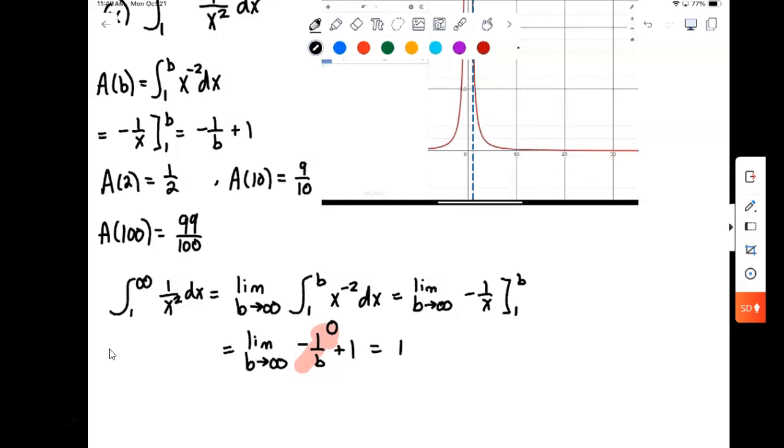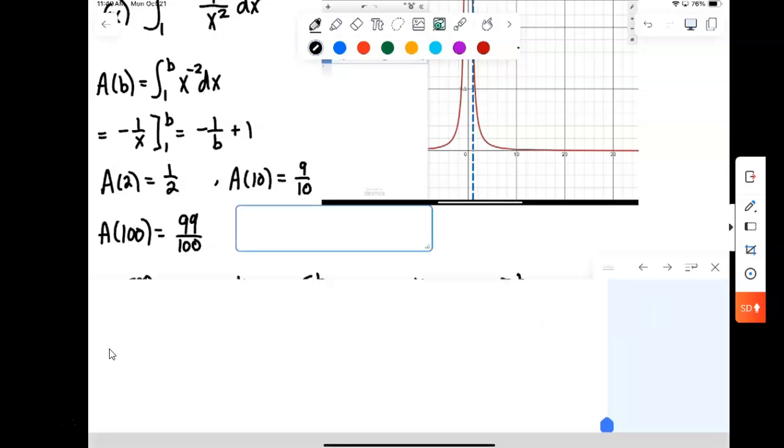Therefore, we actually have a finite integral, even though it has an infinite width. It gets close enough, quick enough, that we actually can talk about that integral, and it actually has a finite value.